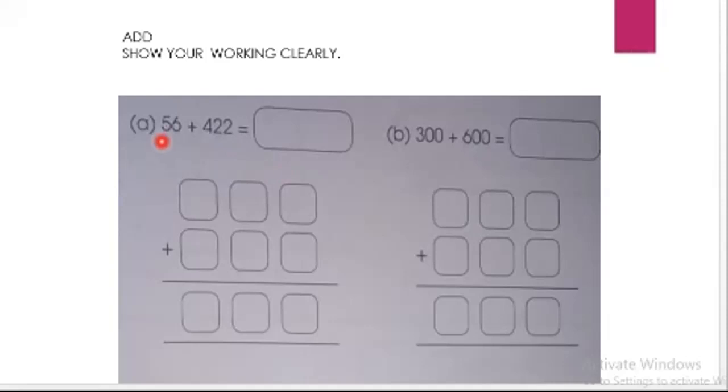The first number is 56 and the next number is 622. As you can see, the first number has only two digits and the next number has three digits. That's the point you need to focus on. What my students do is they start writing 56 and then they write 422.